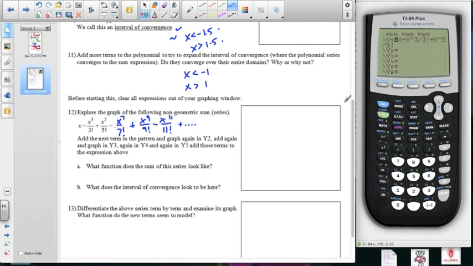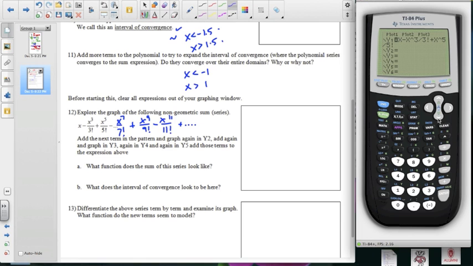So if we start to show some of those next approximations, I'll go ahead and grab y1, and then to that I'll subtract x to the 7 divided by 7 factorial.